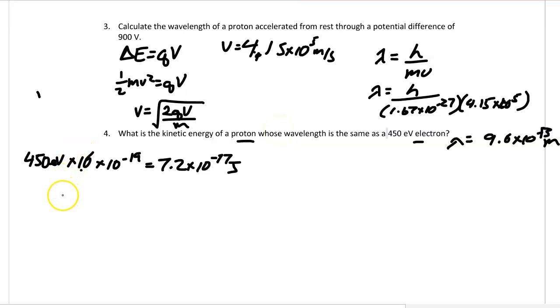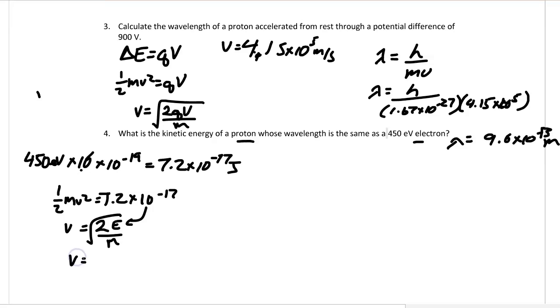So, given the kinetic energy, we can find the velocity. Okay, or v is equal to 2E over m all square rooted, where the energy is 7.2 times 10 to the negative 17. So the velocity of the electron is 1.25 times 10 to the 7 meters per second.